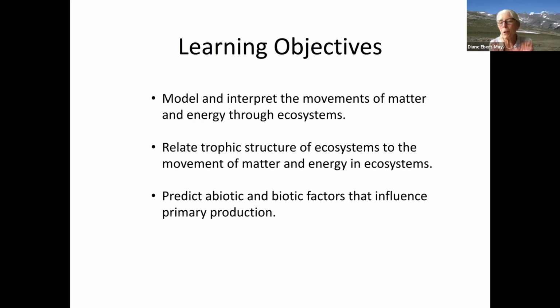And I've seen so many exams where they say, the 10% rule from producers to consumers, blah, blah, blah. But now we're doing a little bit more than that. And then predict. So we're modeling, we're relating, or explaining, we're predicting the biotic and abiotic factors that influence primary productivity. So in our ecology unit, even in introductory biology, these are typical objectives for which many assessments can fit.